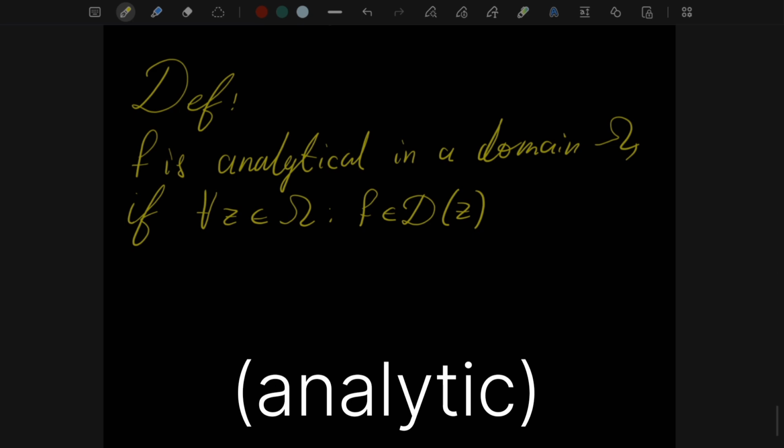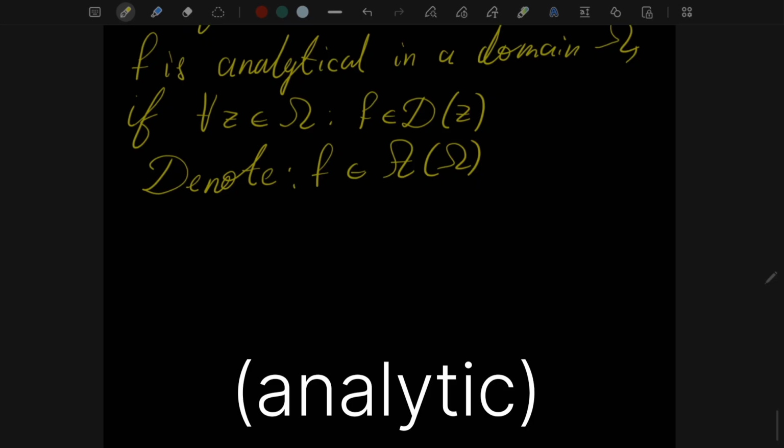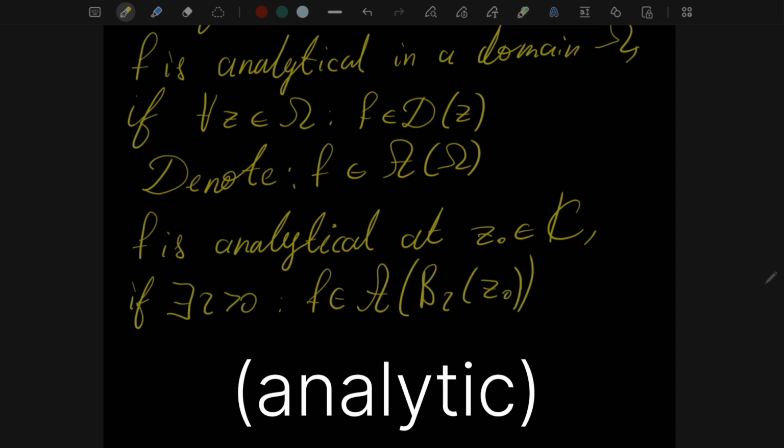So f is analytic in a domain if it is differentiable at every point in that domain. And we have a notation for it. It is a wiggly A of omega. And f is analytic at a point z if there exists a neighborhood of that point that f is analytic in.